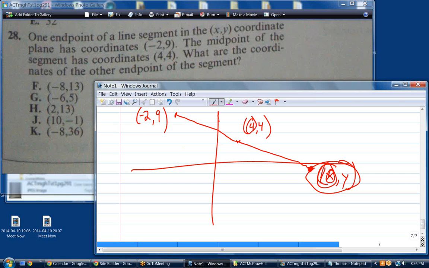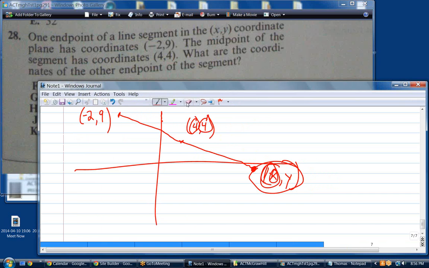And this 4 is halfway between 9 and whatever this has to be. By that logic, what is the y-coordinate? Well, no, we're looking at the y's now. That was the x's. The x's were separated by 6.